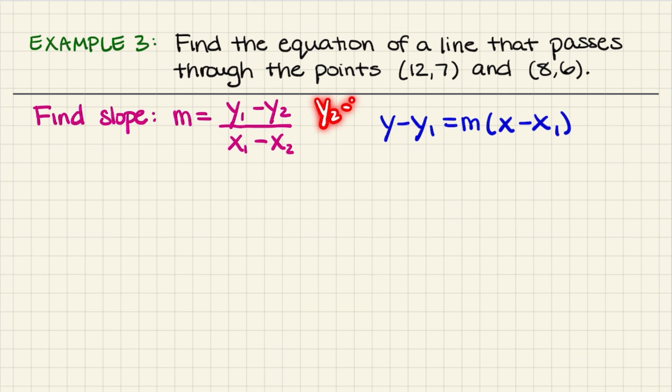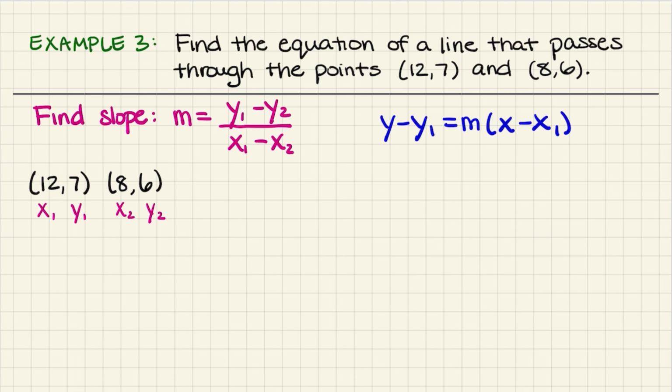You just want to make sure your points are lined up vertically. All right, we have point 12, 7, and 8, 6. So first we want to label them x1, y1, and x2, y2.